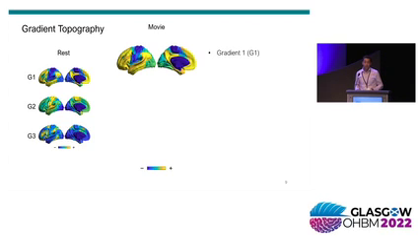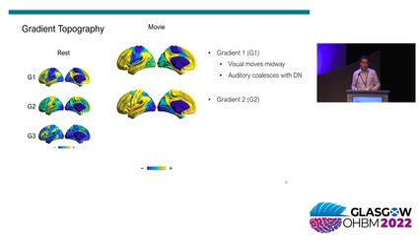And when we look at the movie gradients, starting with gradient 1 in movie, we see that there are similarities in the overall organization of this gradient with some important differences. For example, we see that visual cortex is shifted along this gradient into an intermediary position between unimodal and transmodal or heteromodal regions. And then we see that auditory regions are no longer grouped with the somatomotor network at the unimodal end of this gradient.